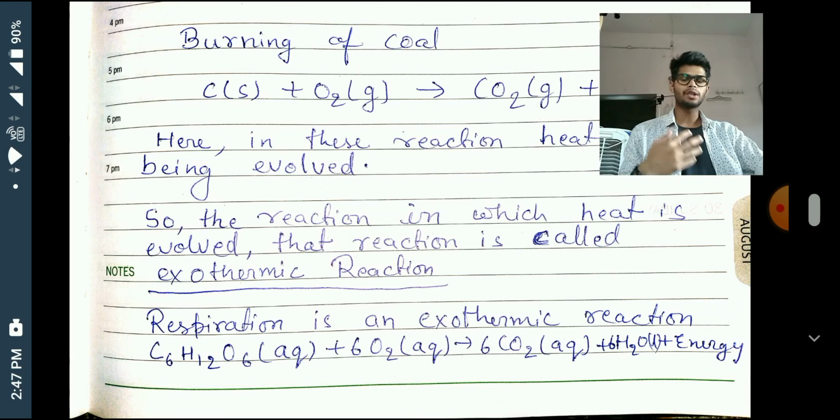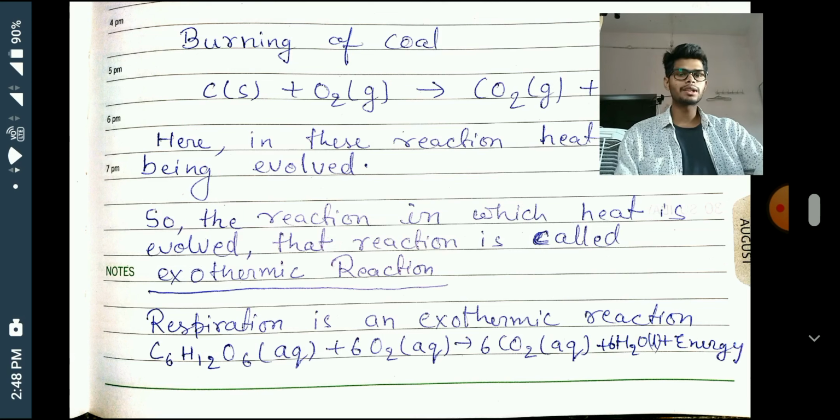When we breathe oxygen into our lungs, it diffuses into our alveoli. You must be knowing that. And when the respiration reaction takes place, these things happen. In every cell there is respiration taking place, and they release carbon dioxide, water and energy.